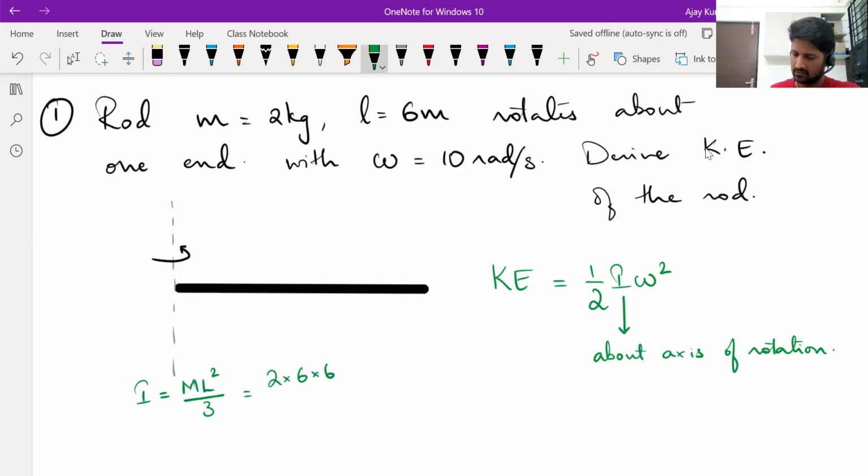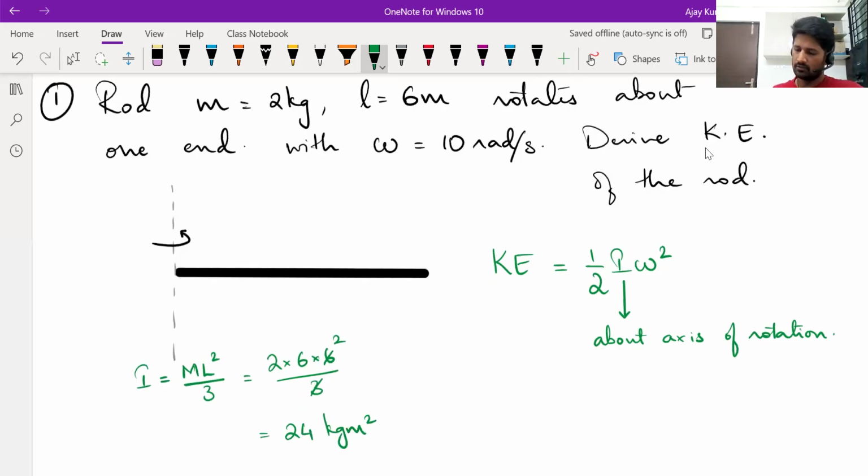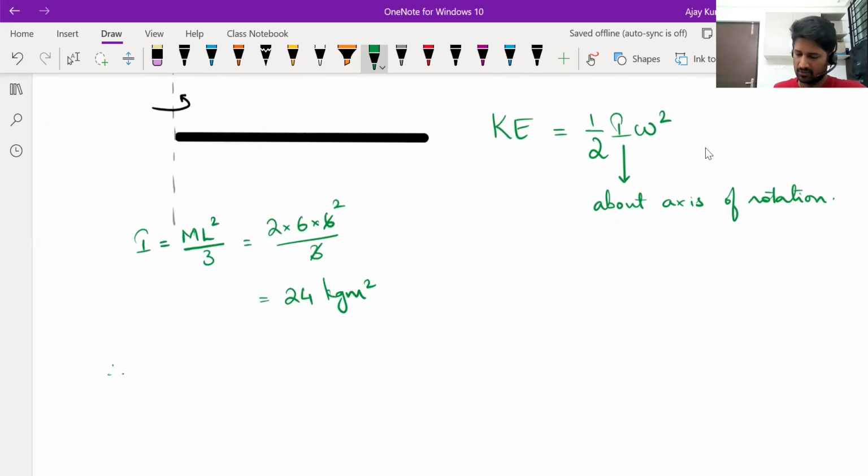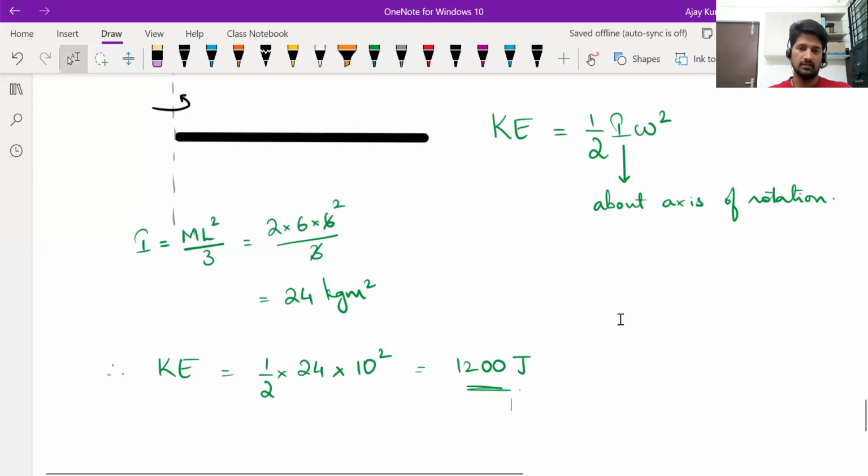So 6 into 6 divided by 3, 6 into 2 is 12, times 2, this becomes 24 kg meter square. That's all. Then you just have to substitute in the kinetic energy formula now. So it becomes half. I is 24. Omega is 10 and you square it. 24 by 2 is 12. So answer will be 1200 joules. That is the total kinetic energy in this rod.